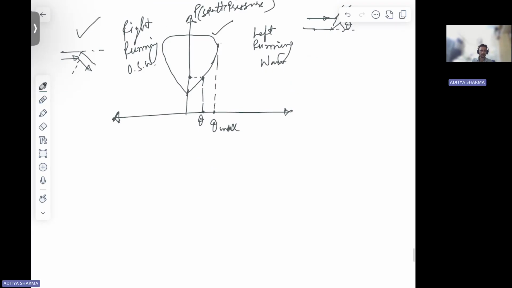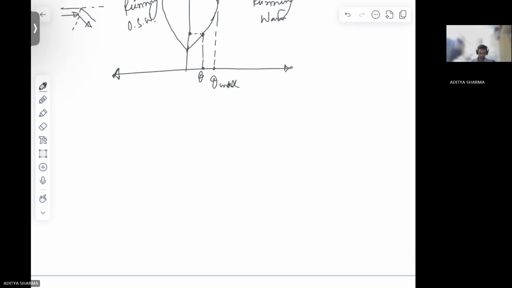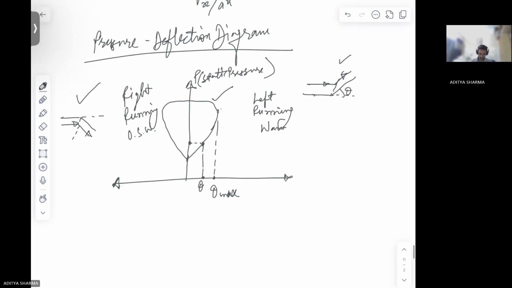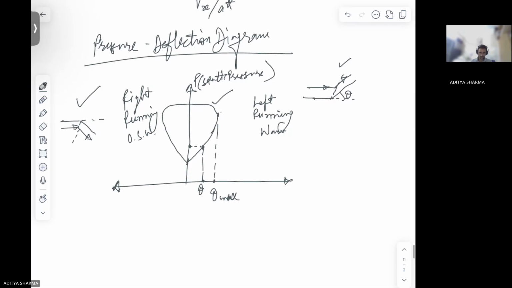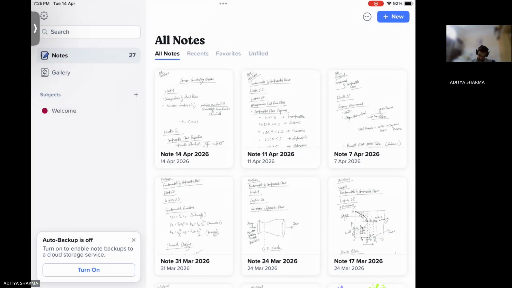And in case we are encountering a shock within the nozzle, then we cannot say it's isentropic, right? So this is your week number 9.